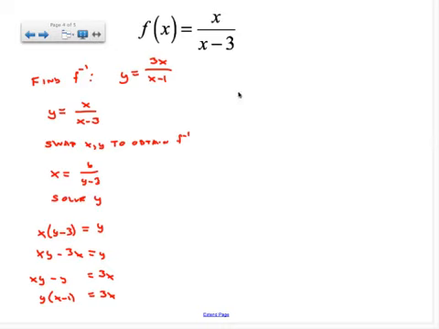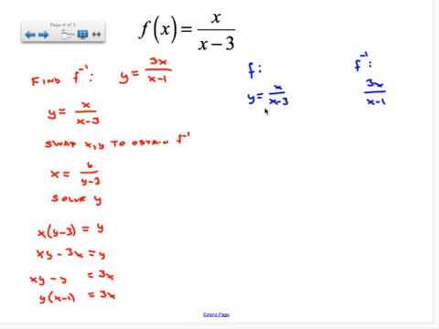Now, let's write some things over here. So f, I'm saying, is y equals x over x minus 3. And I'm saying f inverse is 3x over x minus 1.